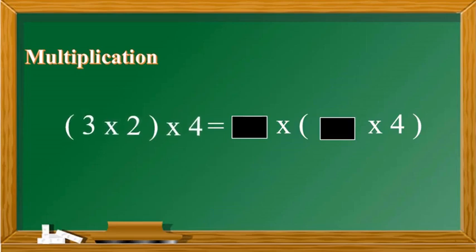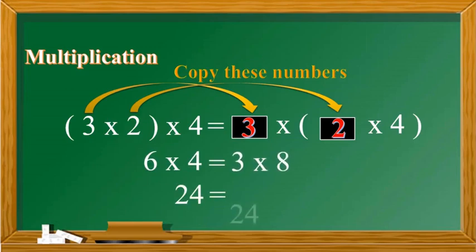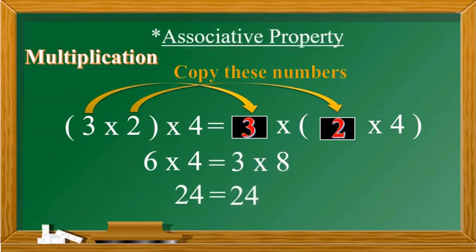The quantity of 3 times 2 times 4 equals 3 times the quantity of 2 times 4. 6 times 4 equals 3 times 8. So 6 times 4 equals 24 and 3 times 8 equals 24. What property is involved in the equation? Associative property.